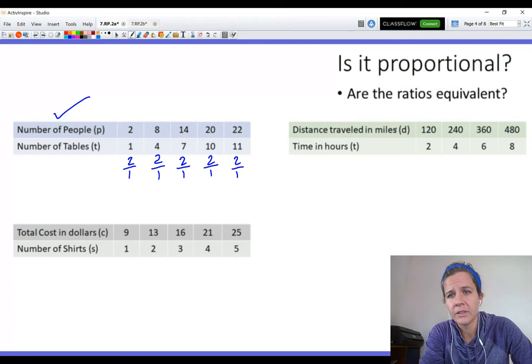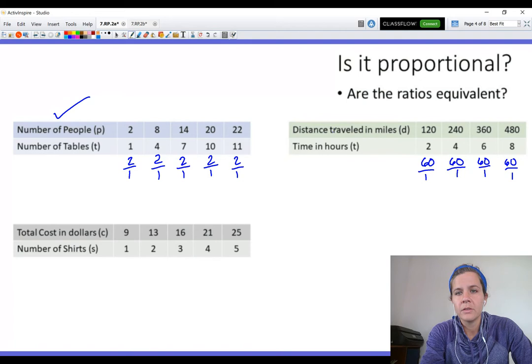Let's look at the green box. Distance traveled in miles to time in hours. So let's simplify them. Let's find the unit rate on each of these ratios. We have 120 to 2, both can be divided by 2 to give us 60 to 1. 240 to 4, both of those can be divided by 4 to give us 60 to 1. 360 to 6, both of those can be divided by 6, we get 60 to 1. 480 to 8, both can be divided by 8, we get 60 to 1.